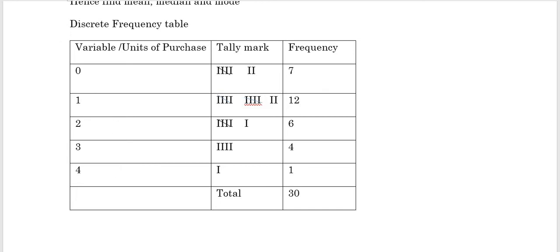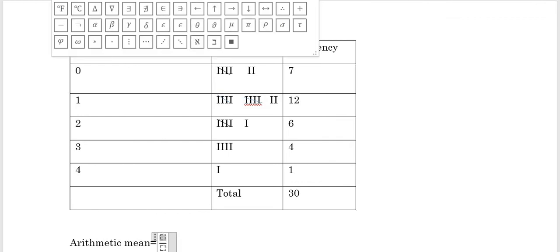Now we can proceed to the computation of the arithmetic mean. The formula for the arithmetic mean, as we know, is x bar equals summation x by n. And for the computation of x bar, we require xf, the product of x into f.